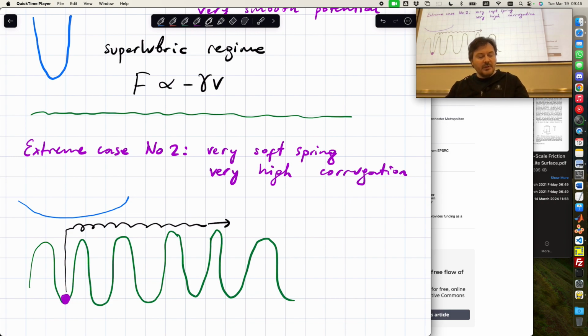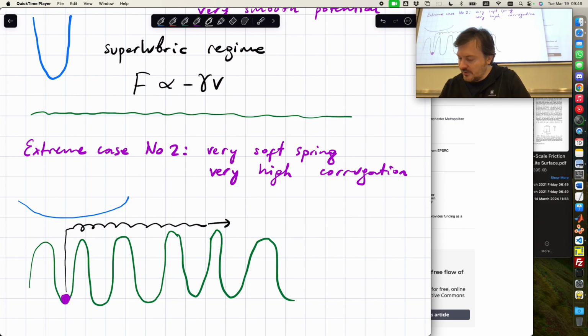until, of course, no matter how soft it is, at some point you will reach enough distance, right, so that it will just have to bounce out, right? But when it bounces out, all hell will break loose, because now it has gathered all that potential energy and it's suddenly released.